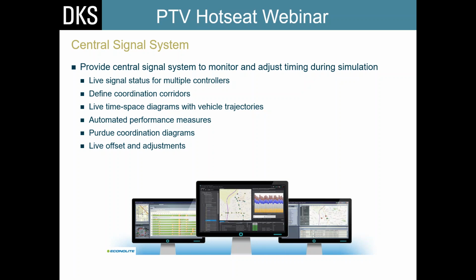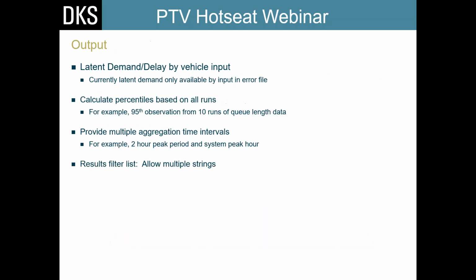Being able to define corridor groups and basically see live time-space diagrams, see the vehicle trajectories going through those, being able to tweak the offsets, see live automated performance measures, and really use Vissim as a live diagnostic tool so you can make those changes on the fly and get more robust performance measures without a heavy amount of post-processing.